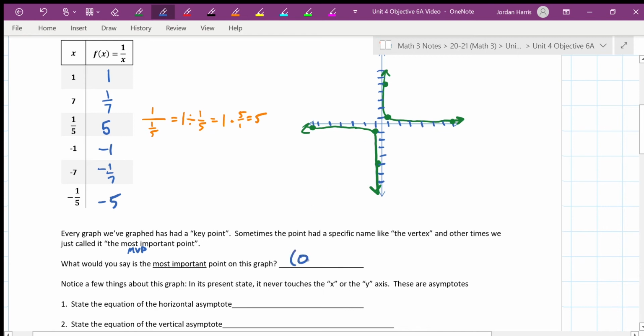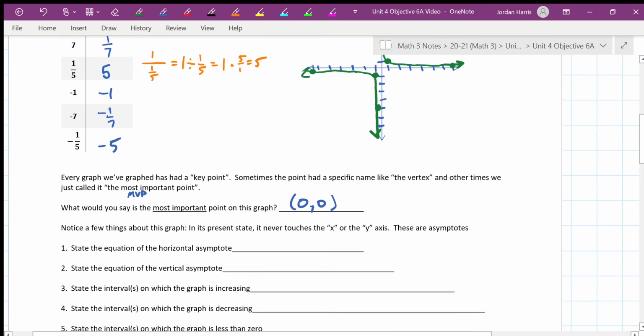It's not even a point that's graphed. We can't have 0 for x. That's undefined. 0 in the denominator is bad. That's what we've been talking about with excluded values. So (0, 0) isn't even a point on our graph, but it's the most important point because that's where those asymptotes cross, and our whole graph is basically defined by those 2 asymptotes.